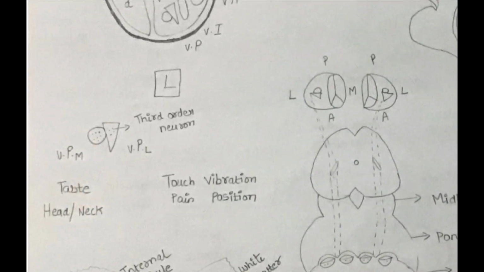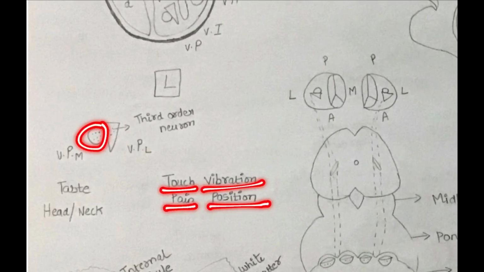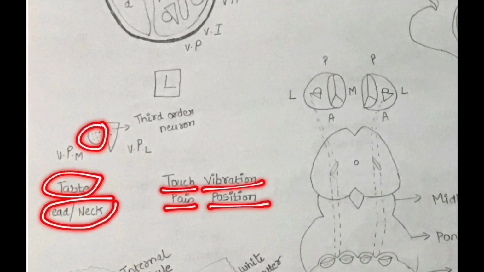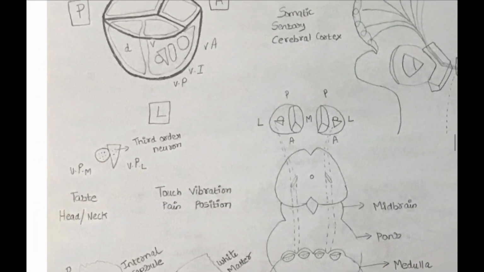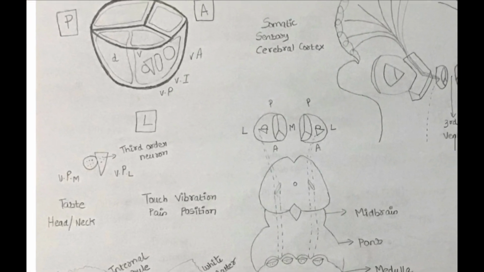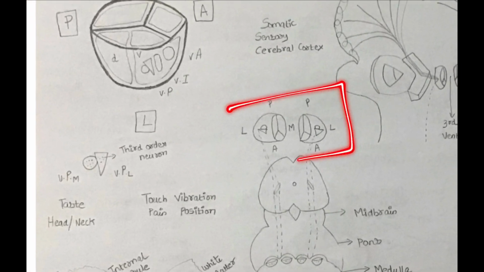So this third nucleus will receive the sense of touch, pain, vibration and position, and the fourth nucleus will receive the sense of taste and the sensory nerve fibers from the head and neck. For understanding purposes, I have rotated this thalamus here so that you can clearly see the fourth and third nucleus.